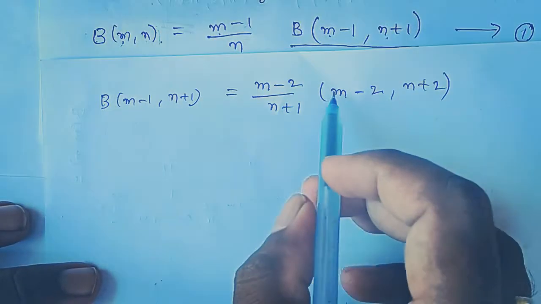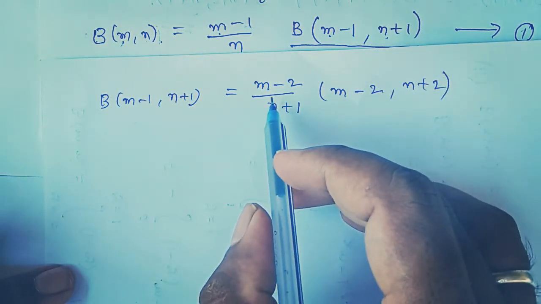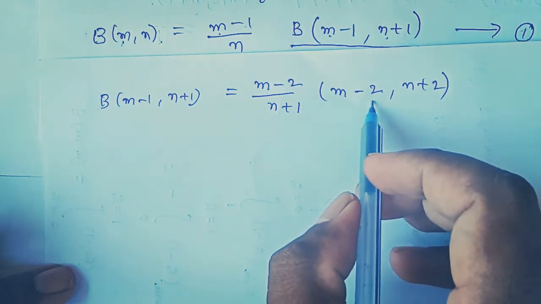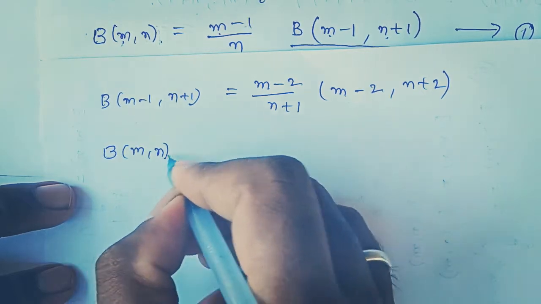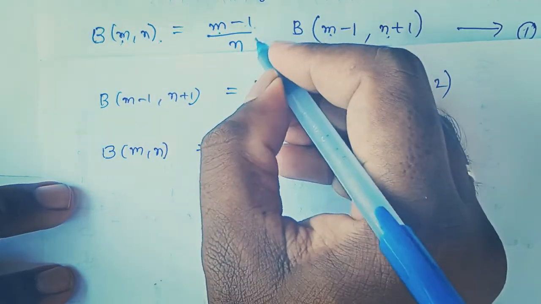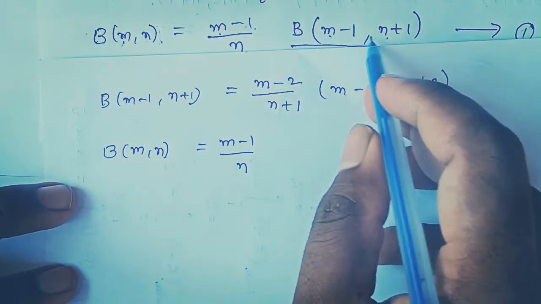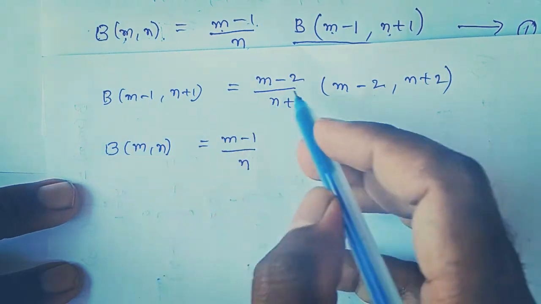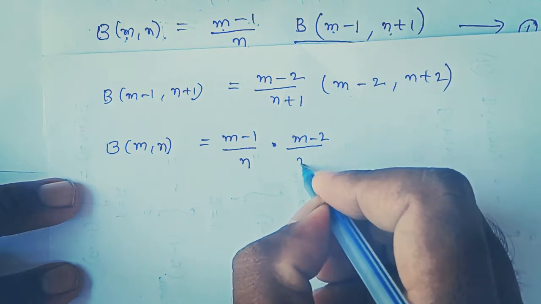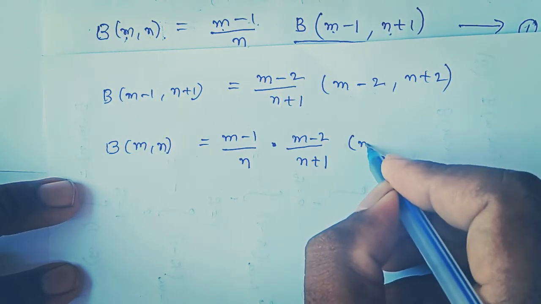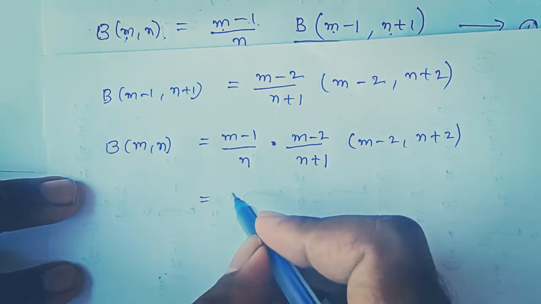Now replacing this value in equation number 1, that is in place of B of (m-1, n+1), we substitute (m-2)/(n+1) B of (m-2, n+2). We get B of m, n is equal to (m-1)/n into (m-2)/(n+1) into B of (m-2, n+2).